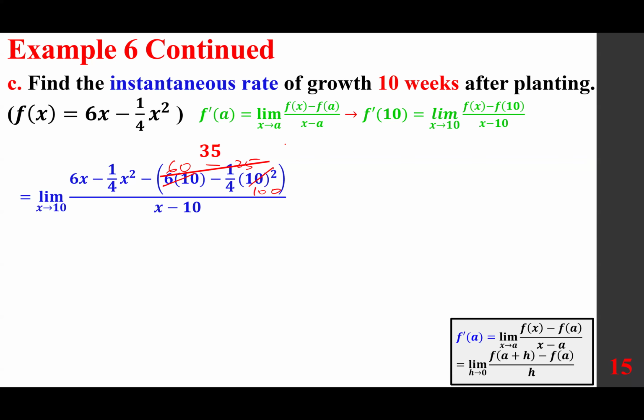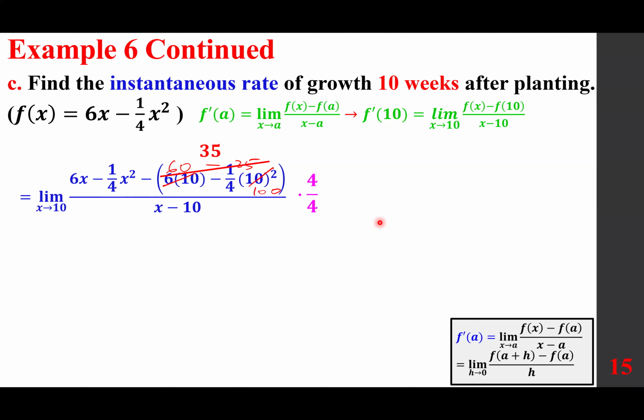So we have 6x minus 1/4 x squared minus 35 over x minus 10, and we're taking a limit. So what is this fraction? It's a complex fraction. Why is this a complex fraction? Because this has 1/4. There's a fraction within a fraction. So the easiest way is to multiply the top and the bottom by the LCD.